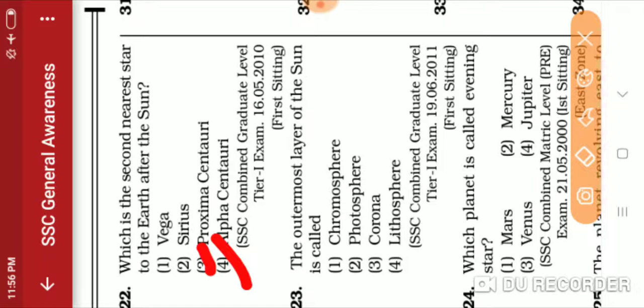Don't mark Alpha Centauri first. Okay, first is sun nearest, then Proxima Centauri, then Alpha Centauri.